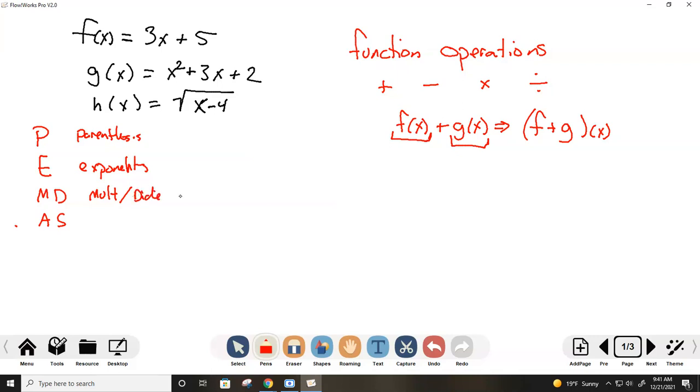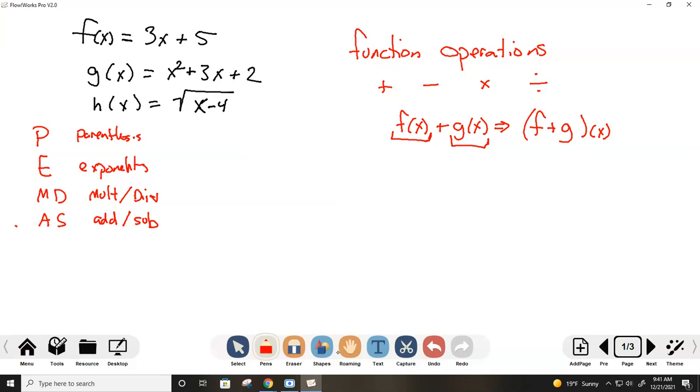We do those in the same level because division is just multiplying by the reciprocal. So we think of them as the same in algebra. AS is again addition or subtraction, because subtraction really is adding the opposite. So we like to think we multiply and we add, and we ignore these because multiplying and adding is nicer.